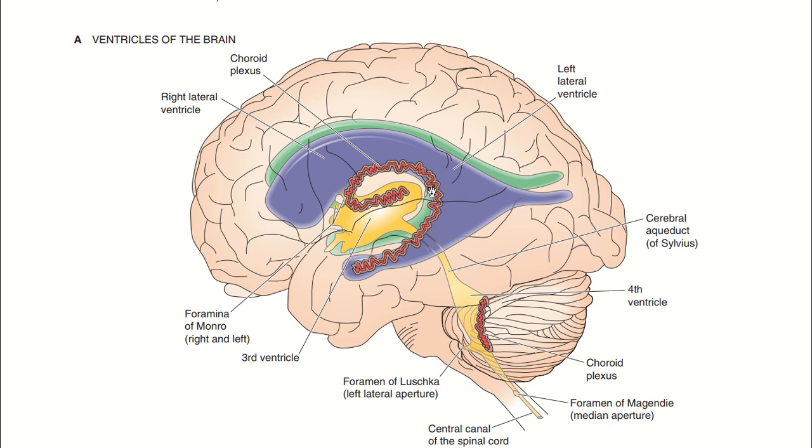So you're going to have blood plasma, which will move from the lumen of these capillaries and get into the ventricles via the following layers. First, the plasma will cross the fenestrated endothelium. After that it crosses the pericytes.